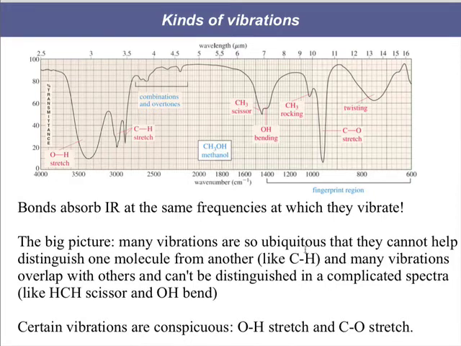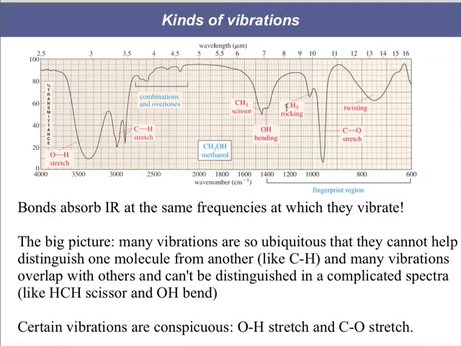So they will all have CH stretching, bending, rocking, twisting vibrations in their spectrum. Also, many of these vibrations overlap, and many can't be distinguished from one another in complicated spectra. For example, we've got a CH3 scissoring and an OH bending, and they're almost vibrating at the same frequency. It's very difficult to distinguish that there are two different frequencies there. So a lot of these things we can ignore.